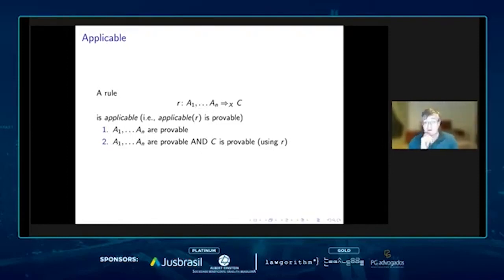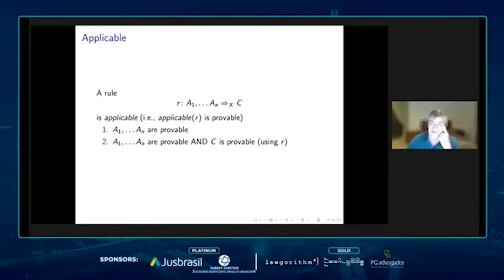Now, here we have two possible interpretations for the meaning of applicable. The first one is that the rule is applicable, and in our terms, it also means that it's provable, so we can say that it's true. The first option is that we just consider the antecedent of the rule, A1 to AN, so only the condition of applicability.